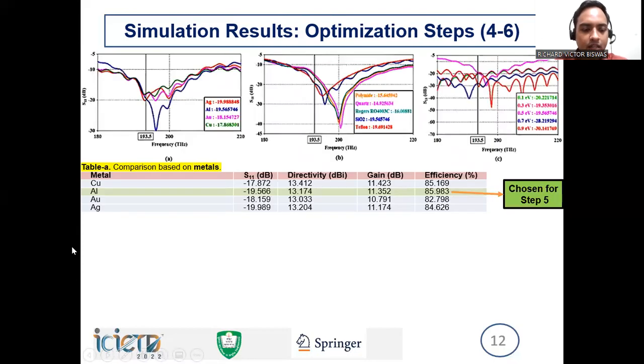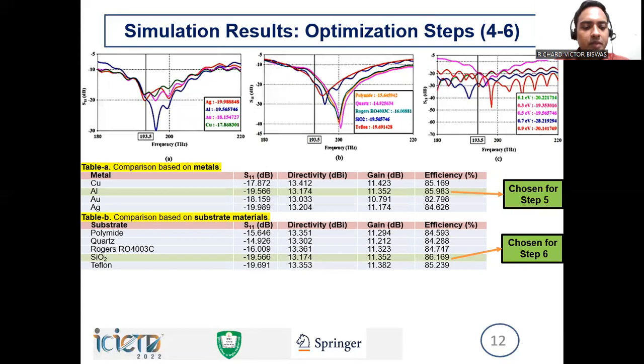Simulation results, optimization steps 4 to 6. Take a look at table A now at 193.5 terahertz. Since the reflection coefficients and efficiency of silver, gold, and copper are not prominent as compared to aluminum, aluminum metal has been sandwiched between the silicon dioxide layer and the graphene in the radiating structure of our proposed nanoantenna.